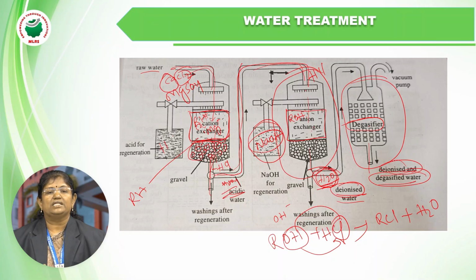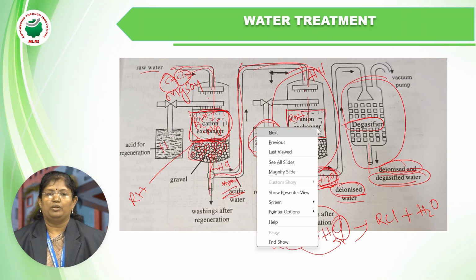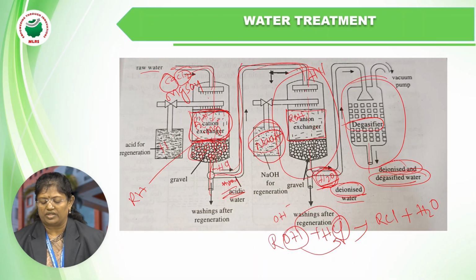Exhaustion means the resin is completely filled with the cations of the water. It is called resin exhaustion. In the same way, the anion exchanger also becomes exhausted upon continuous use. All its porous sites are filled with the anions of the water, so it is no longer ready to exchange anions.